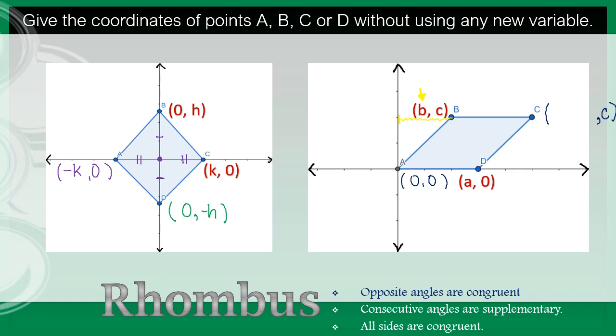That means the distance of point B from the origin, or with respect to our y-axis, is represented by B. And now our problem is, how about the distance of point C from point B?